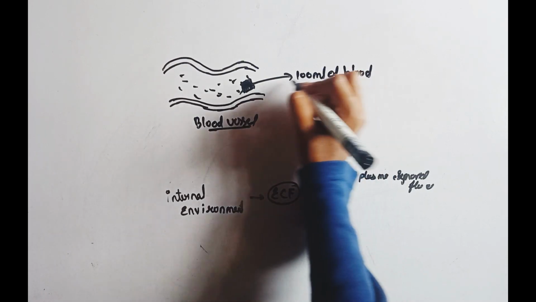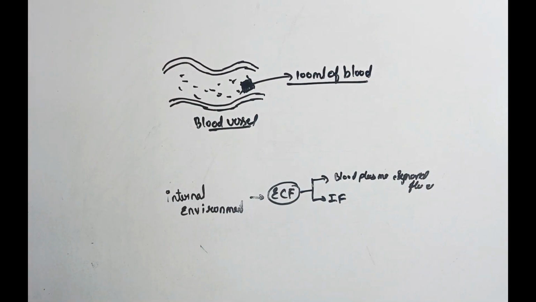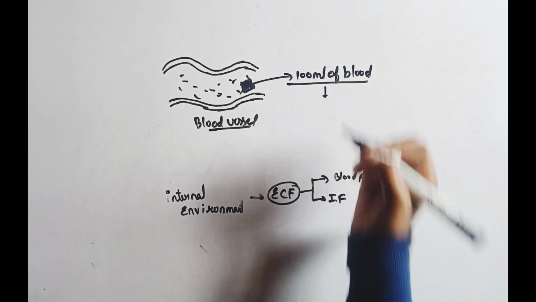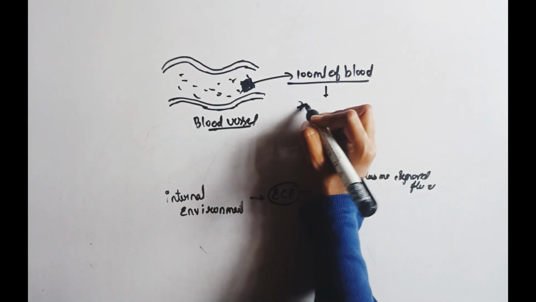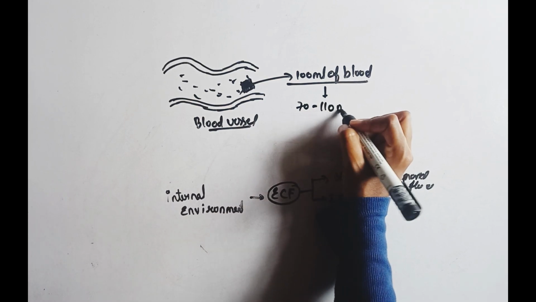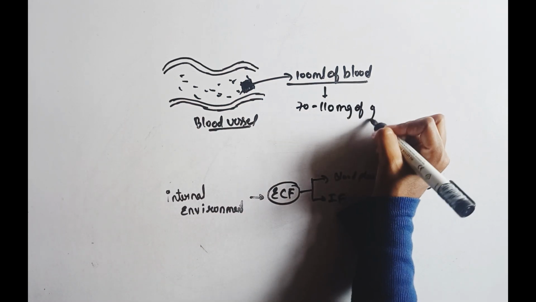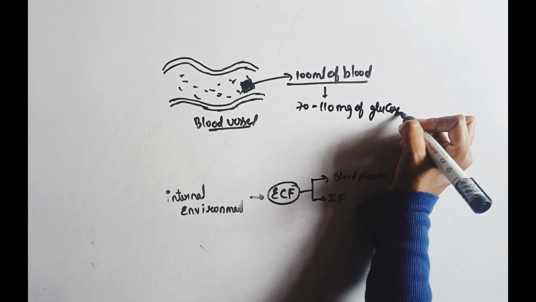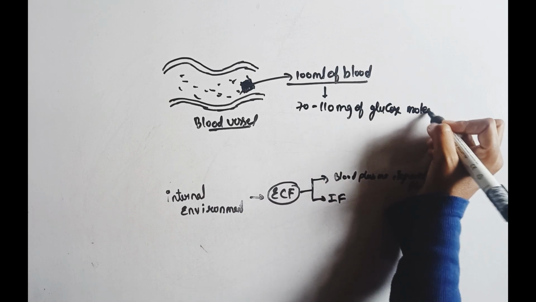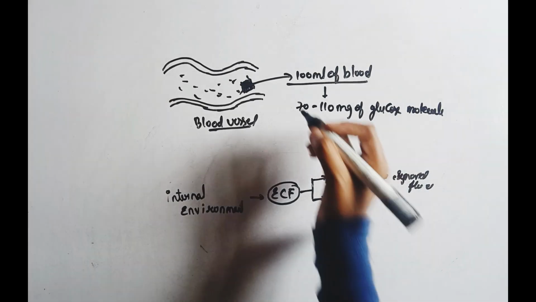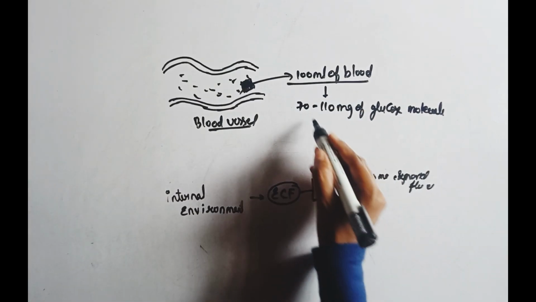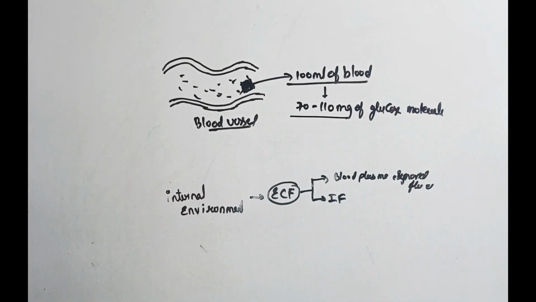This 100 ml of blood contains 70 to 110 milligrams of glucose molecule. So 70 to 110 milligrams of glucose is present in 100 ml of blood.